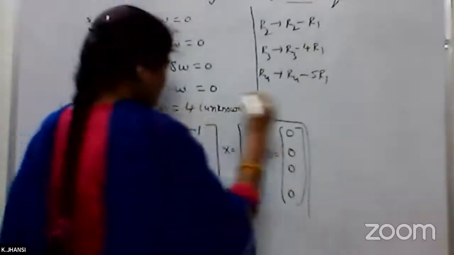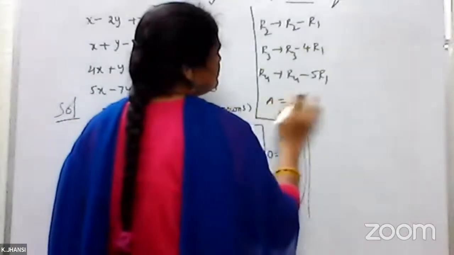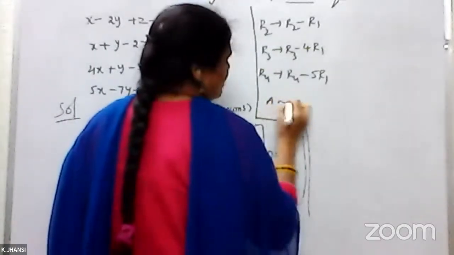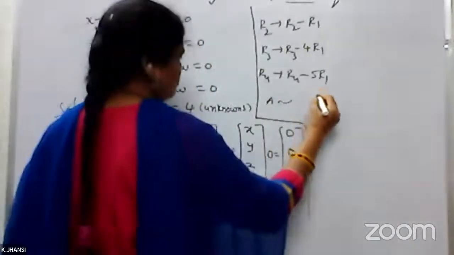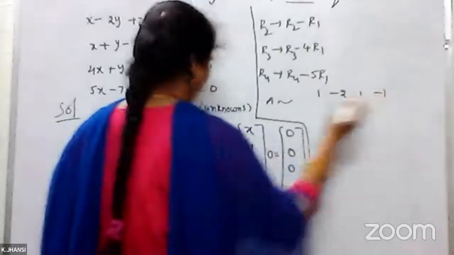Now A will be converted to this. The first row you keep as it is: 1, -2, 1, -1.